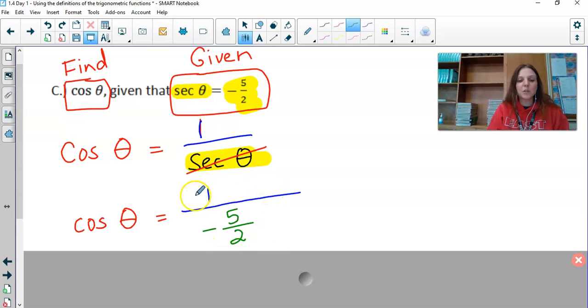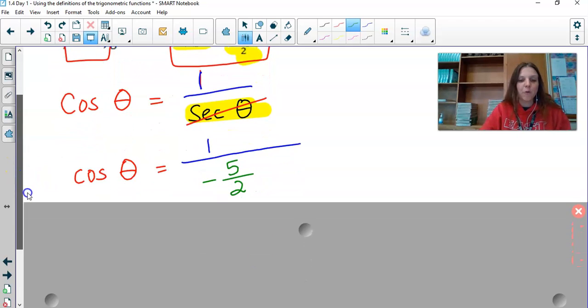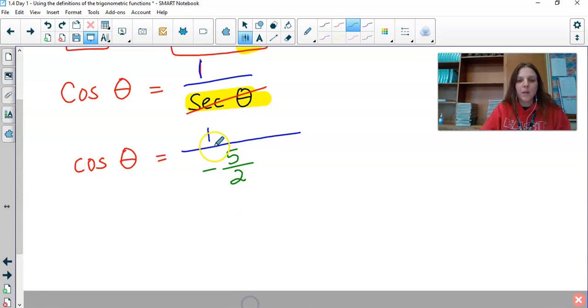This one is similar to the first one that we did, where you're taking a number divided by a fraction. In math, you never actually divide by a fraction. Instead, you multiply by the reciprocal of the number that is in the denominator. So instead of doing 1 divided by -5/2, I'm going to do 1 times the reciprocal of this. So 5/2 would be 2/5.